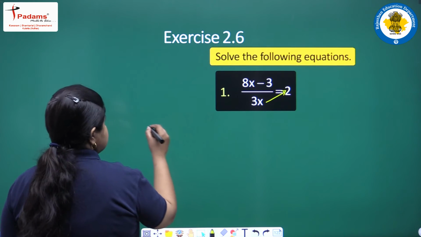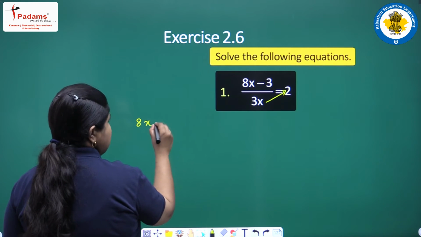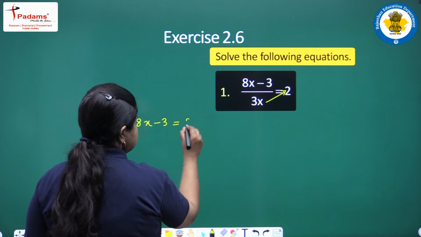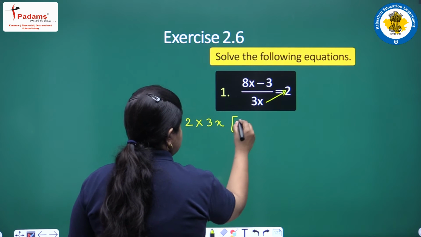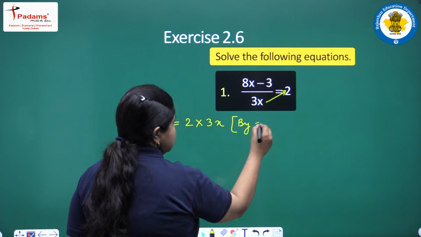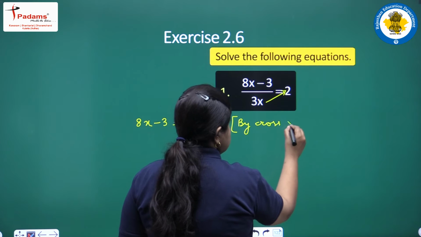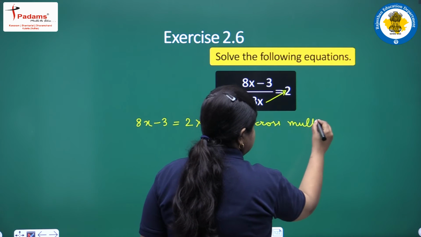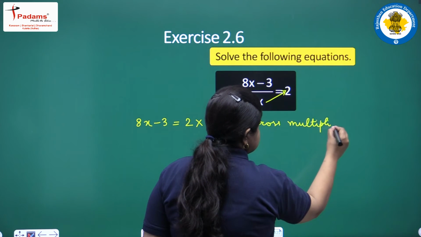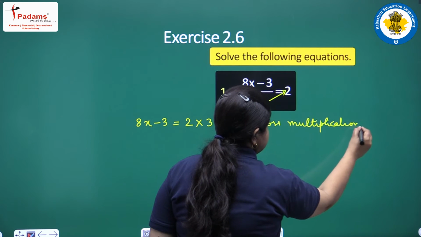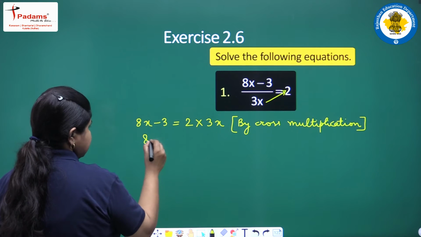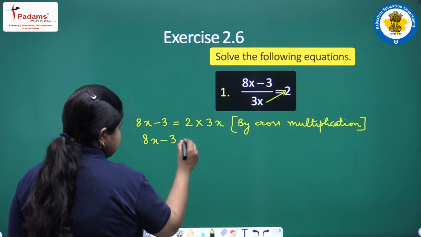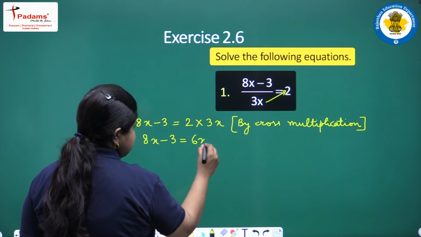We can write it as 8x - 3 equal to 2 into 3x by cross multiplication. This gives us 8x - 3 equal to 6x.